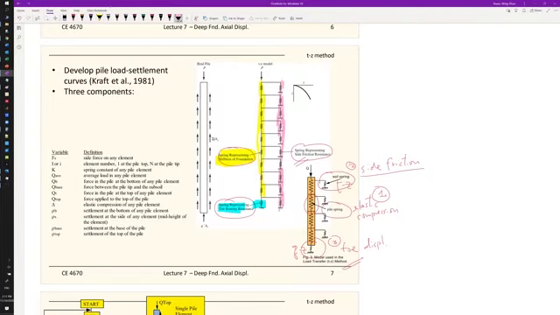So all these are the TZ springs right there, and the TZ response is represented by a curve. Same here, you will also have a curve to represent the spring. Usually we call this a QZ curve, the QZ spring.